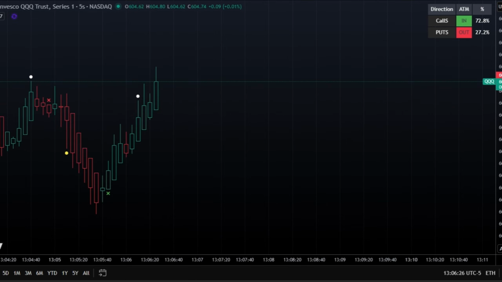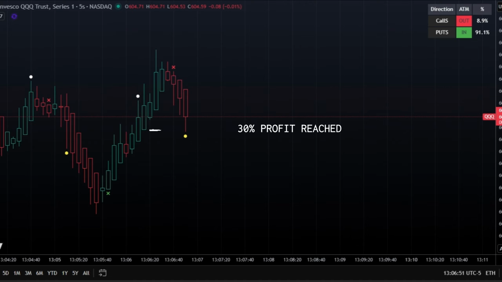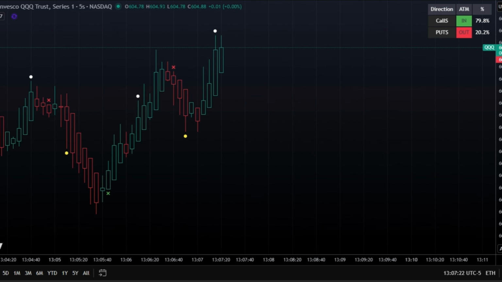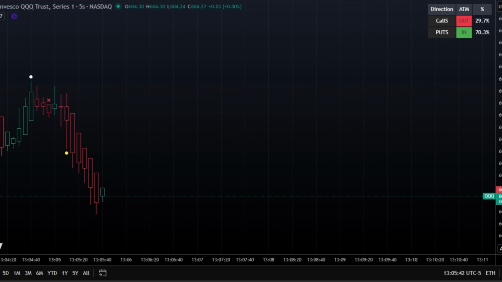So let's say in the first scenario, you enter on a red X with a put, and then your position hits 30% profit. Your target is 50%, but the yellow bear dot appears. So which exit signal came first? The dot. So you exit on the dot. You walk away with 30%, but you escaped this. In scenario B, you enter on the green X with a call.